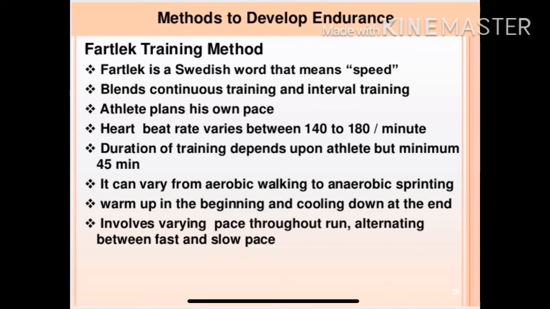It can vary from aerobic walking to anaerobic sprinting. Warm up in the beginning and cooling down at the end is very important. It involves varying pace throughout the run, alternating between fast and slow pace. The whole routine is then repeated until the total time of the training schedule has completed.